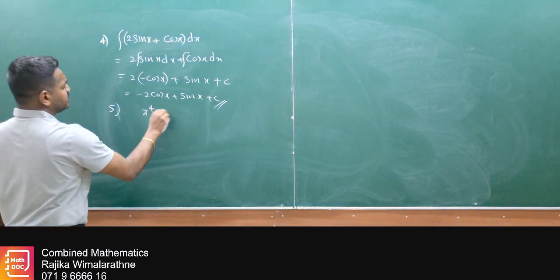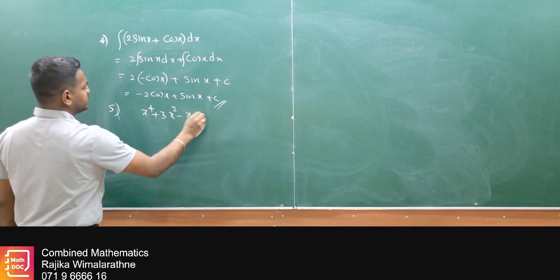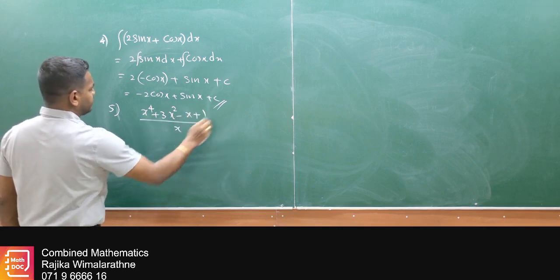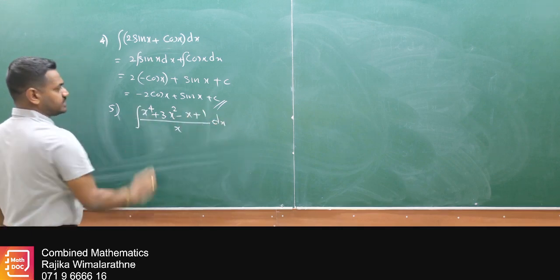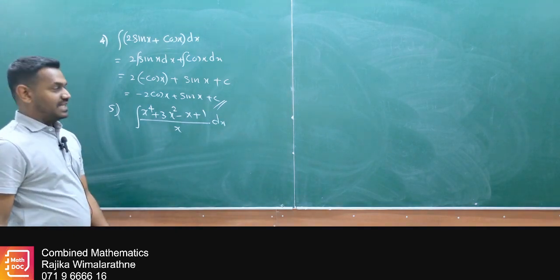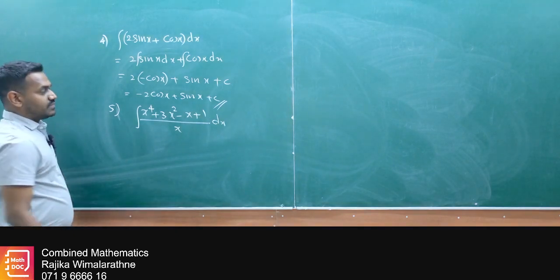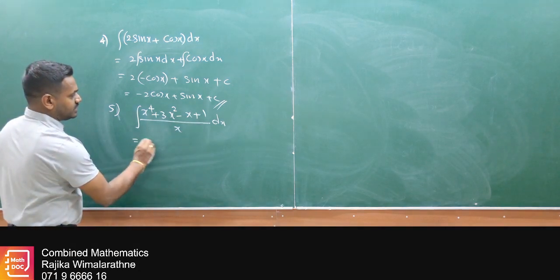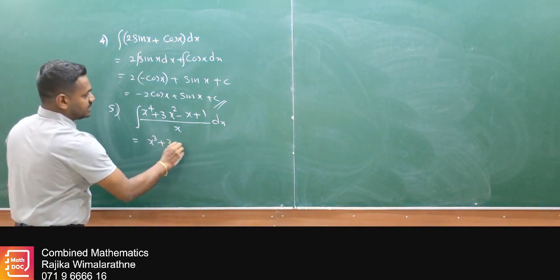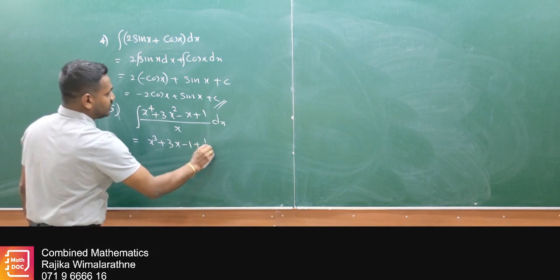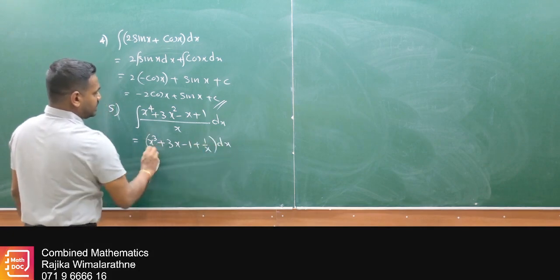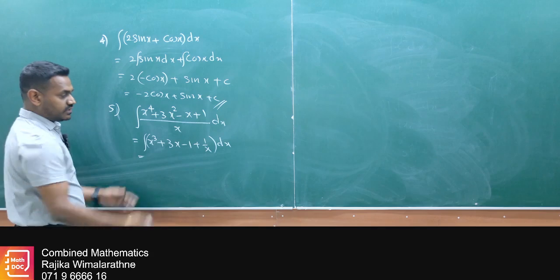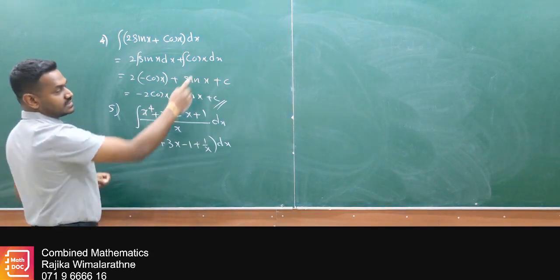X to the power 4 plus 3x squared minus x plus 1 over x. Here there's division. We don't know how to integrate division. But you can separate the denominator: x cubed, 3x, minus 1, 1 over x dx. Now you know the rule, no? Then no need to separate it like this.